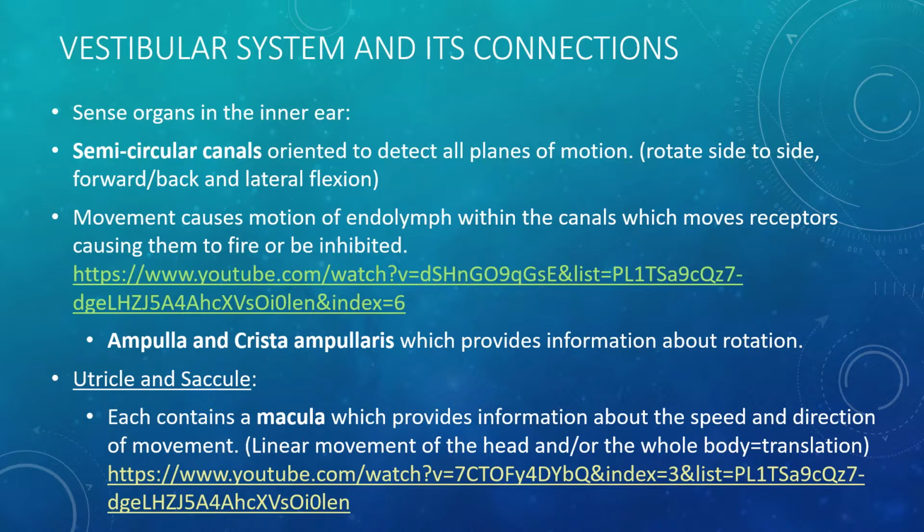But the utricle and saccule are oriented at right angles to each other, so that they give information about the speed and direction of linear movement of the head or the whole body. So like if you were sitting in a car that zoomed off so your head tipped back, eventually inertia will catch up and then it tells your body that your body's in line with your head again.